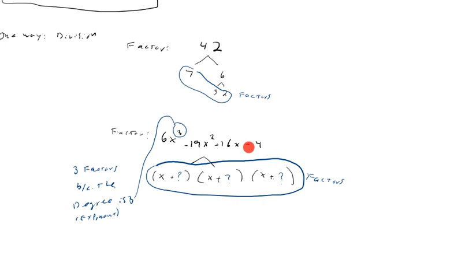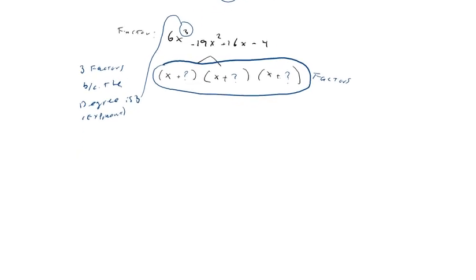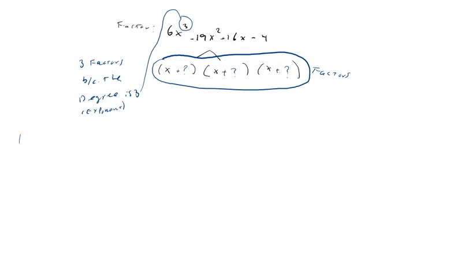So like a factor, we do this by dividing. 42, we divide it into 2 things that multiply together to make it. So how do I divide polynomials? Let me show you.